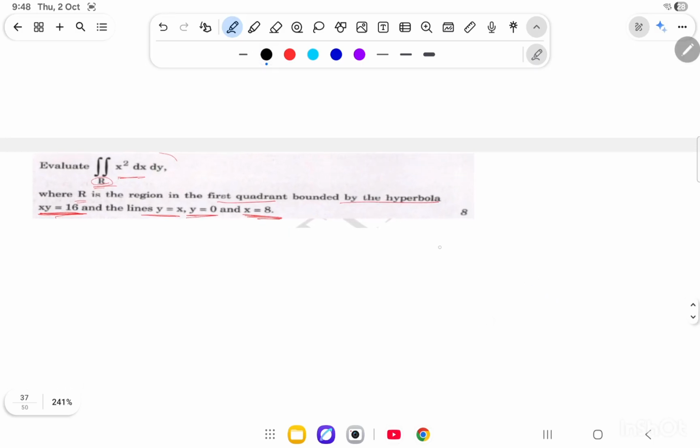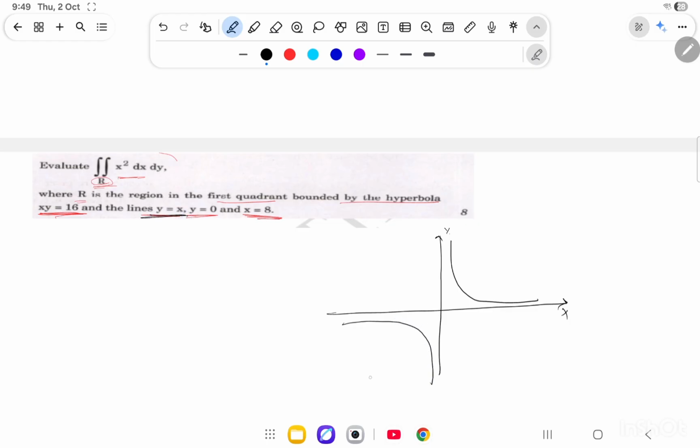So if I draw, let's say this is my y axis, this is my x axis. The hyperbola xy equals 16 will be somewhat of this form, and here another line is y equals x, that will be this line. And y equals 0, the x axis, and x equals 8.